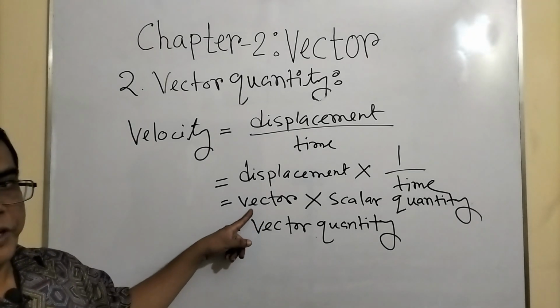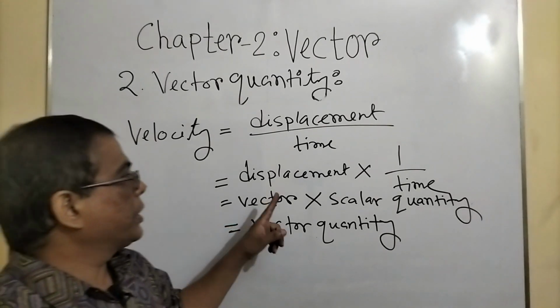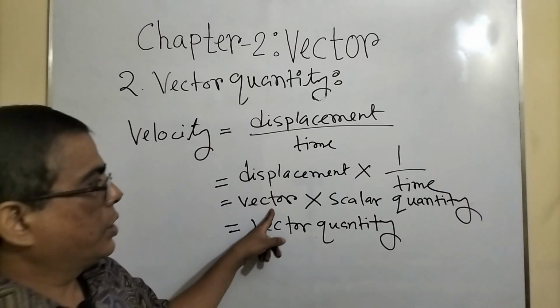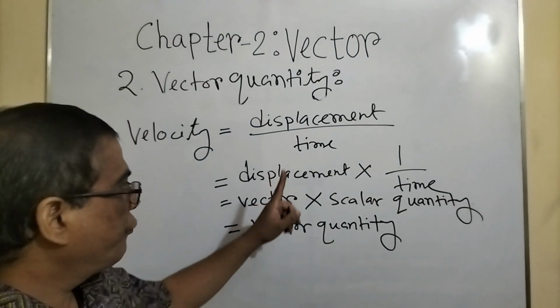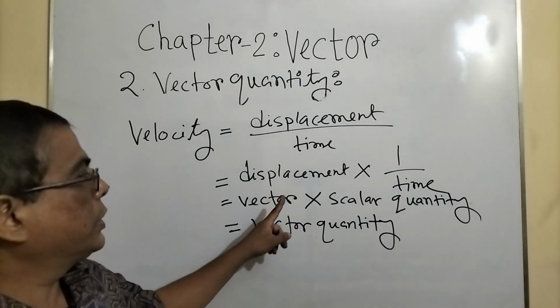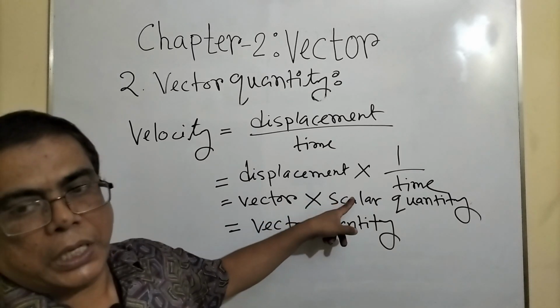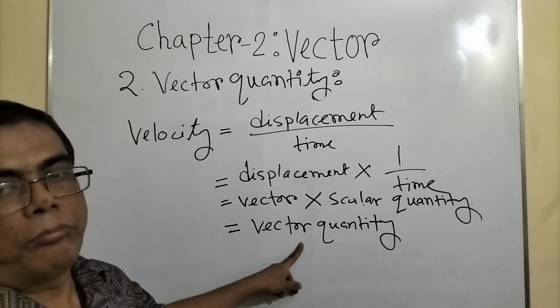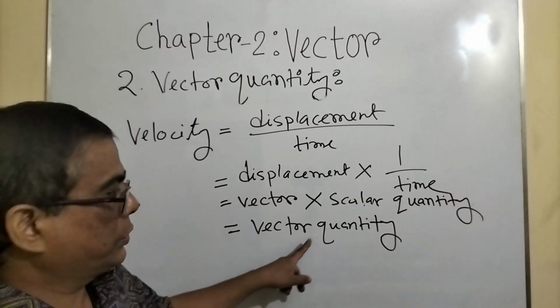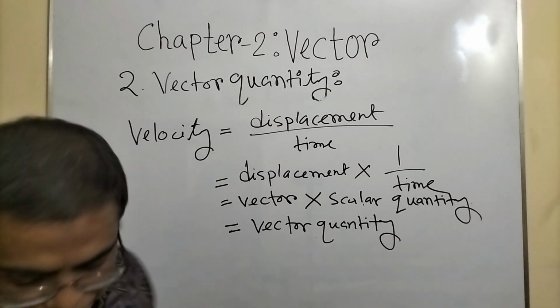Because the vector quantity has a magnitude and a direction, and the scalar quantity has only magnitude. If a magnitude and direction is multiplied by another magnitude, the product will have a magnitude and direction. So this is a vector quantity.